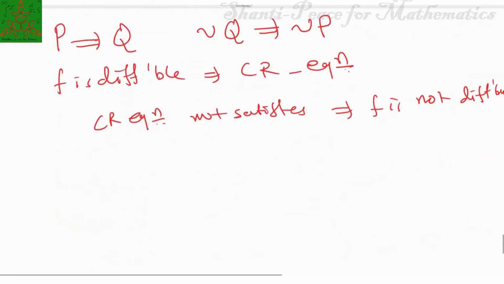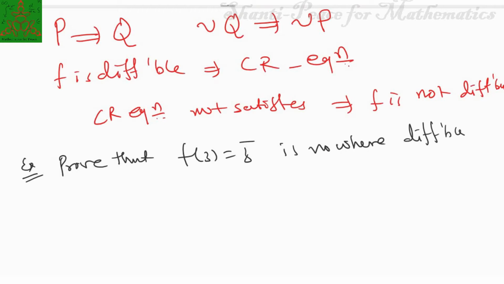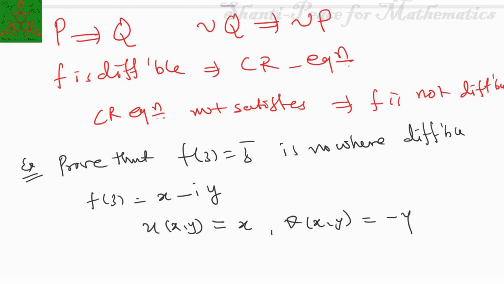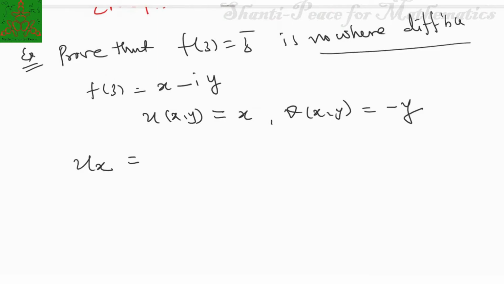With this we'll solve certain examples. Prove that f(z) equals z bar is nowhere differentiable. So let f(z) equal z bar, that is x minus iy. Comparing real and imaginary parts, u(x, y) is x and v(x, y) is minus y. We have to prove that it is not differentiable, which means we can prove that the CR equations are not satisfied.